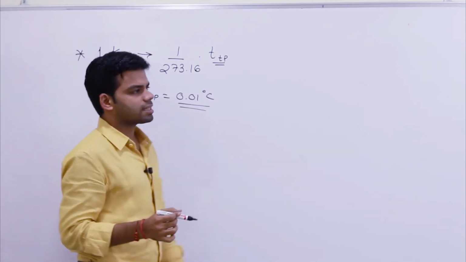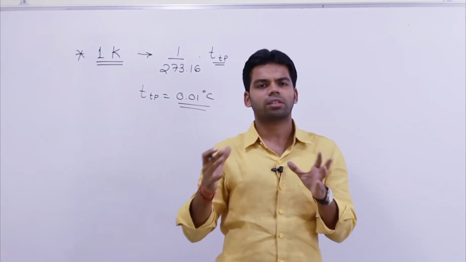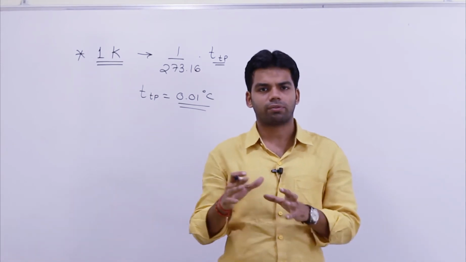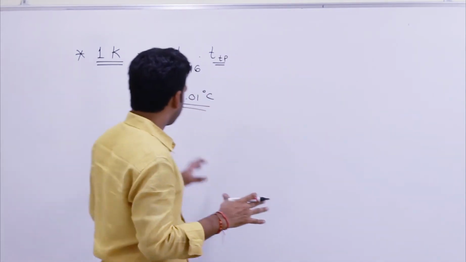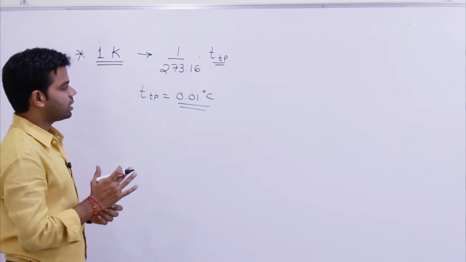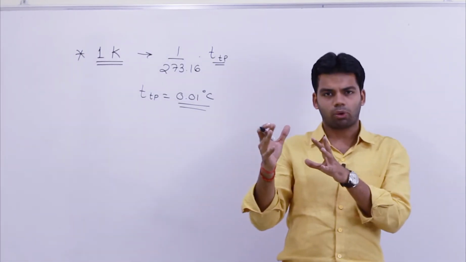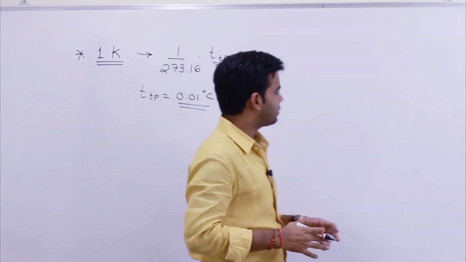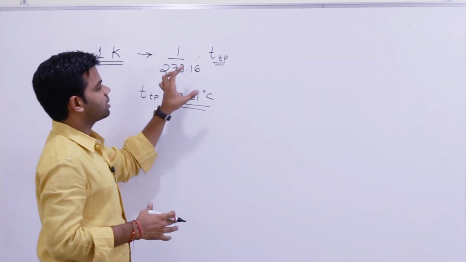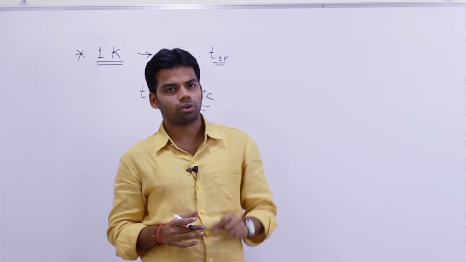Triple point is that point at which all three phases exist simultaneously: solid, liquid and gas. So for water, that triple point is 0.01 degrees centigrade, and on the basis of that triple point, we can define 1 Kelvin. So 1 Kelvin is defined as 1 by 273.16 of the triple point of water.